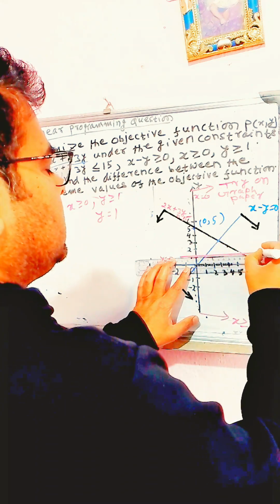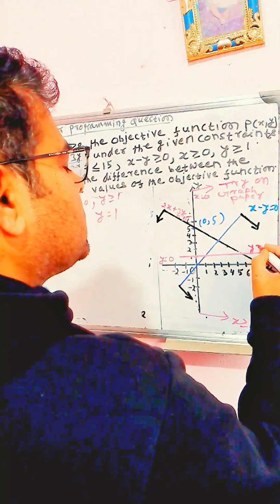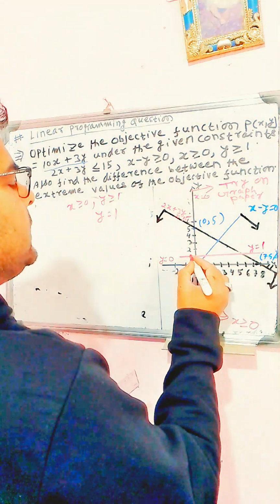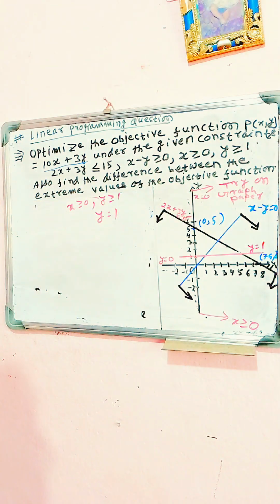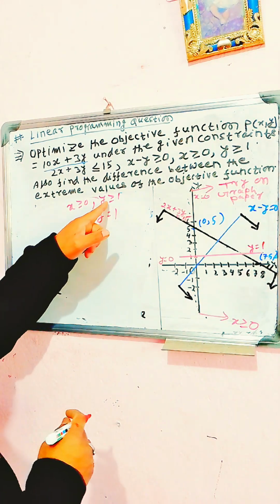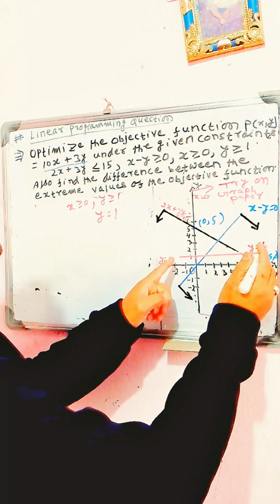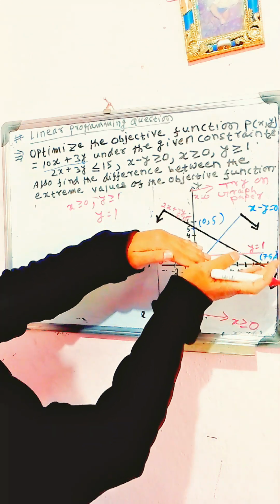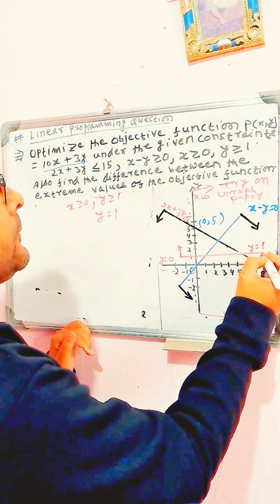Yes, this is the equation of the line y equals 1 as it is passing through the value 1 on the y axis. And it is saying that y is greater than or equal to 1. So y is 1 here, and greater than or equal to 1 means the y value will go up. So at that point your direction is this.